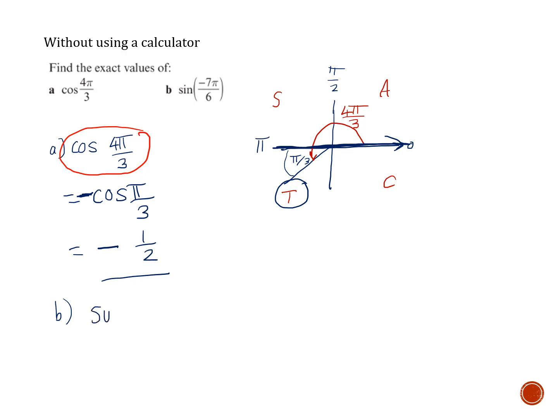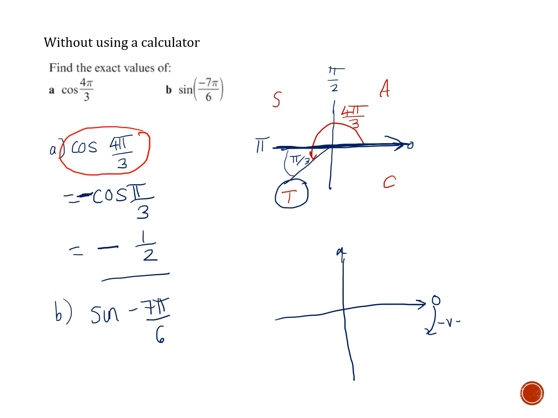Let's do this second one then before it's over to you. Cos of minus 7 pi by 6. CAST diagram again. Now let's draw this on our CAST diagram. Remember, when we're doing a negative angle, we start here and we go round that way.